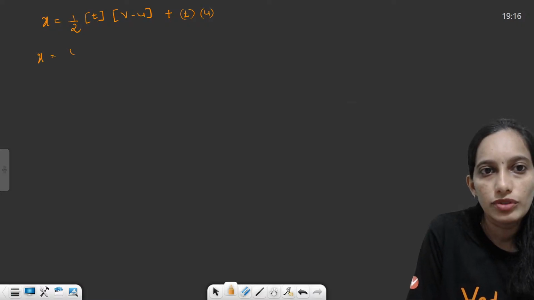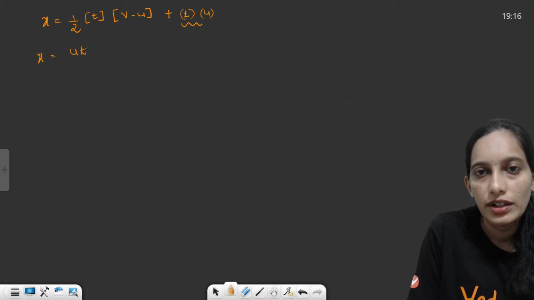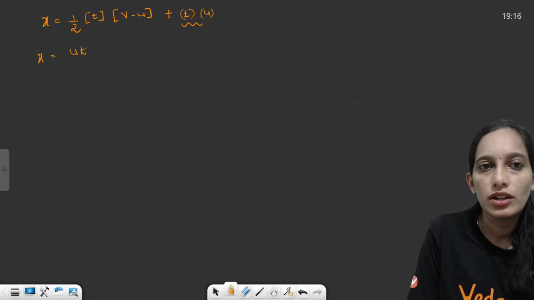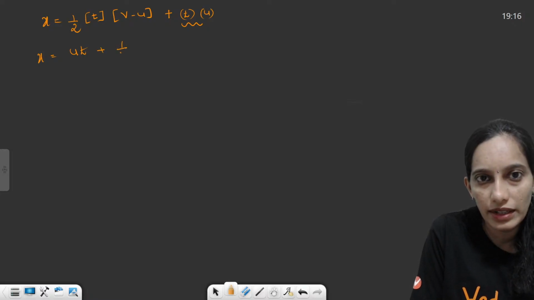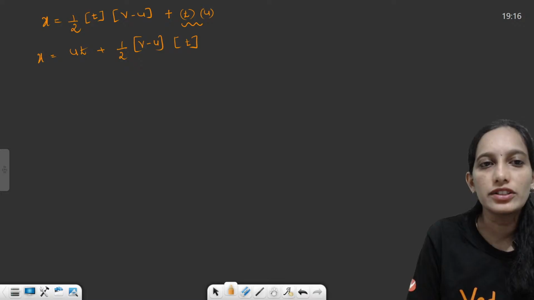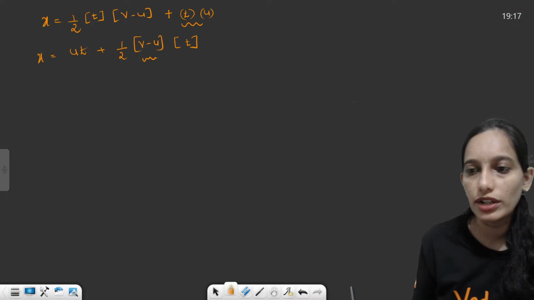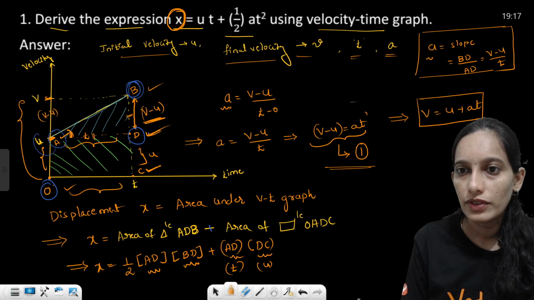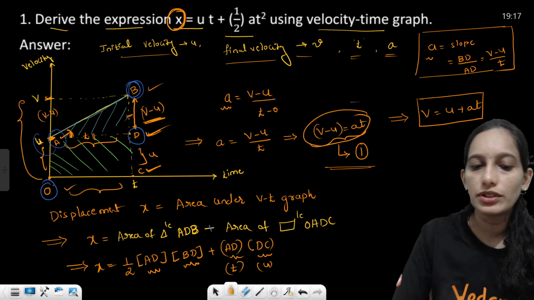Let's rearrange. I'll write this term first: T into U is U into T. So x is equal to ut plus half into V minus U into T. Now V minus U can be substituted as A into T, correct?